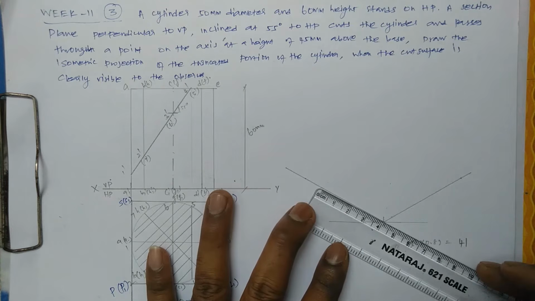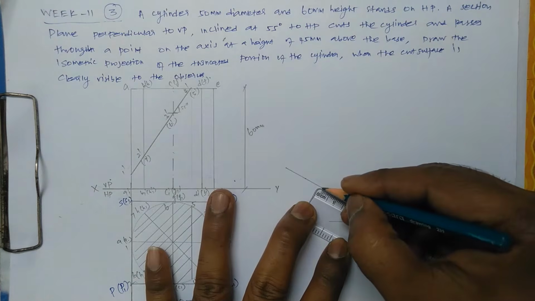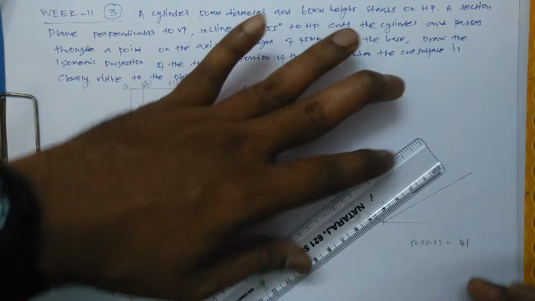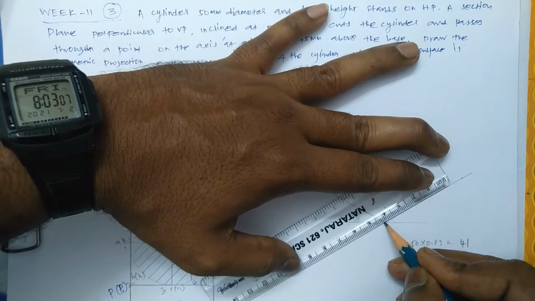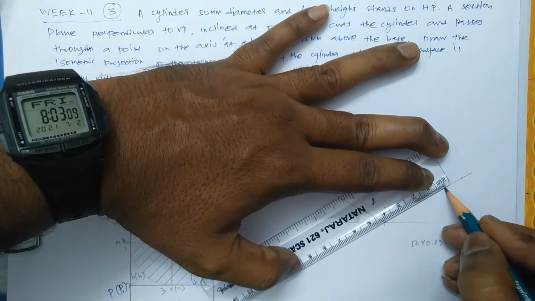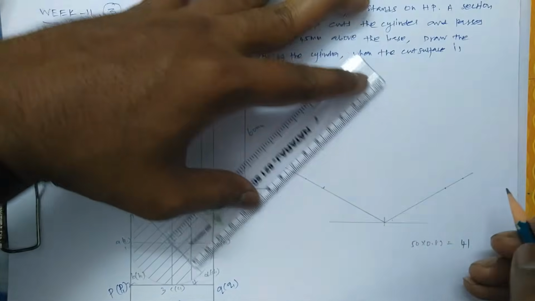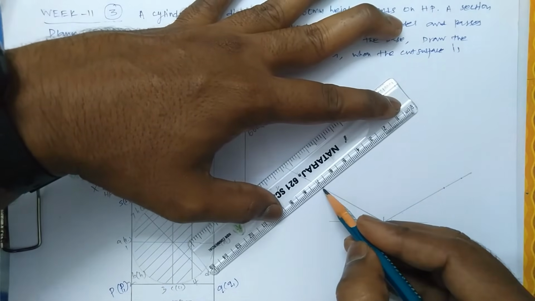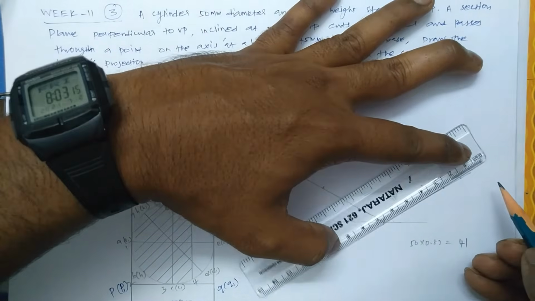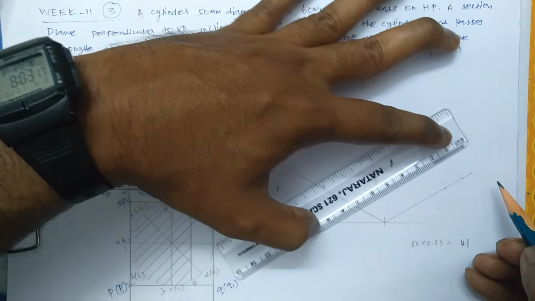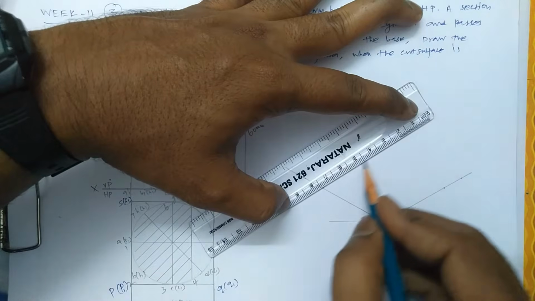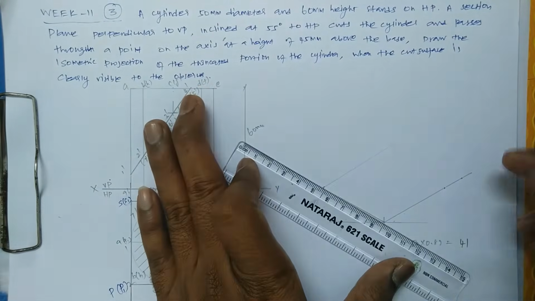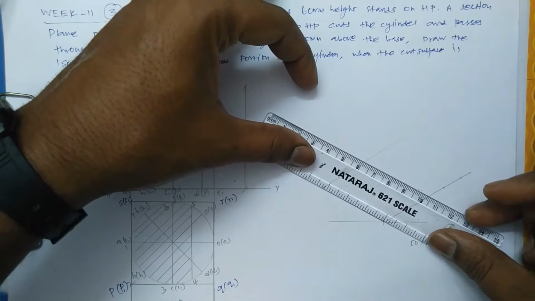So the isometric scale is 41. Properly take it with the compass, not directly measured from the scale. Now take a parallel line to these two. A set square is to be used here. That will give a perfect parallel line.